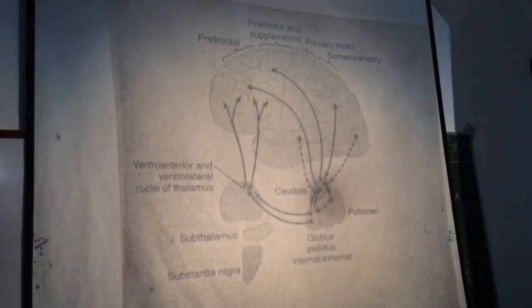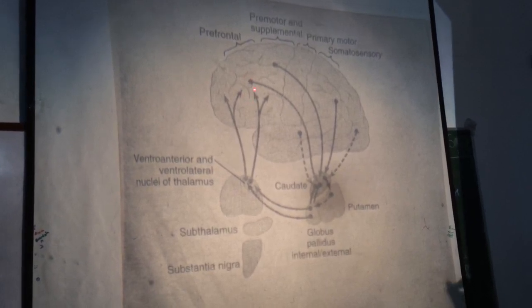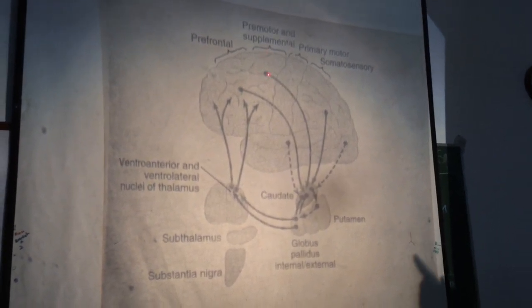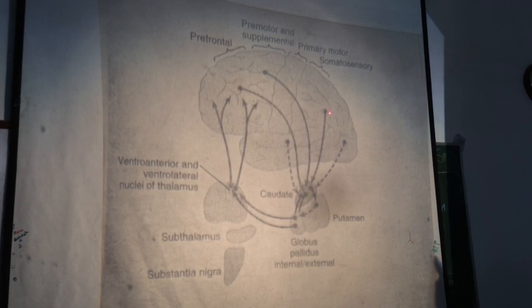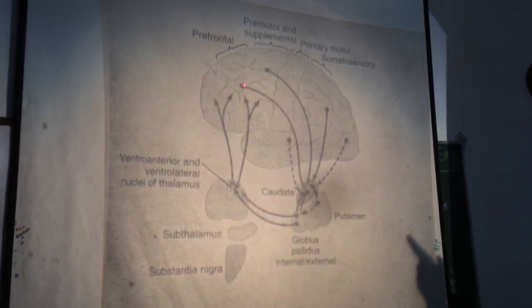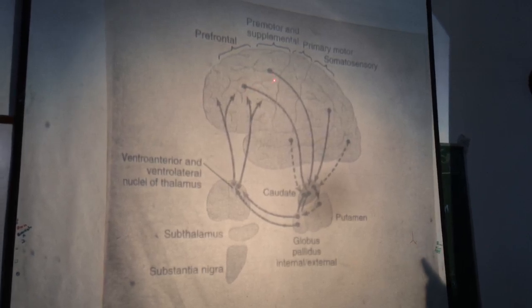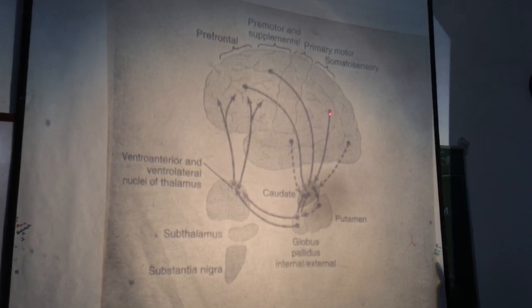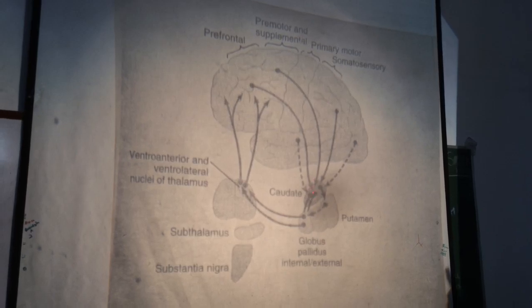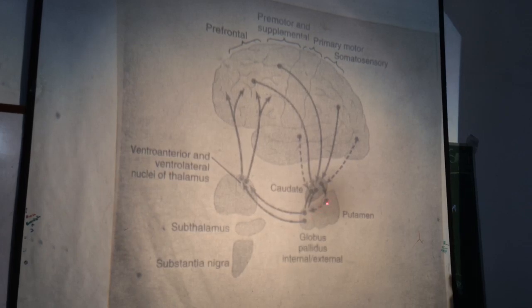In the caudate circuit, nerve fibers arise from the prefrontal cortex, premotor and supplementary motor area, and somatosensory area, and go to the caudate, bypassing the putamen.